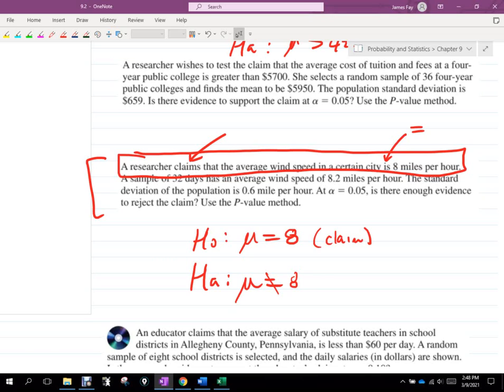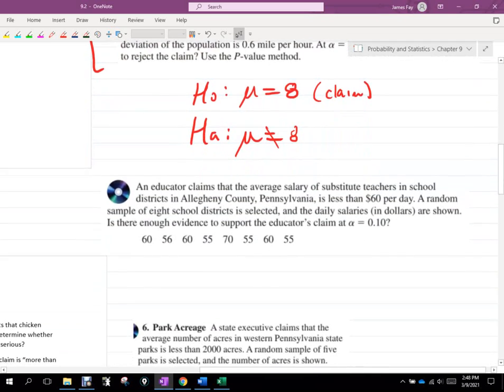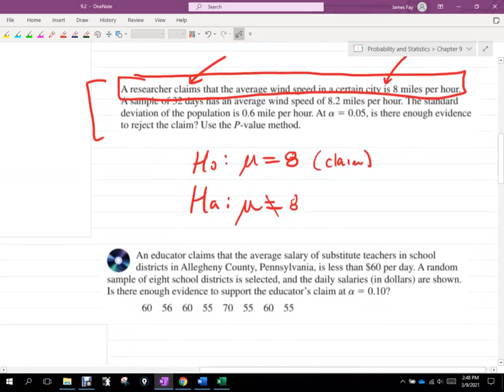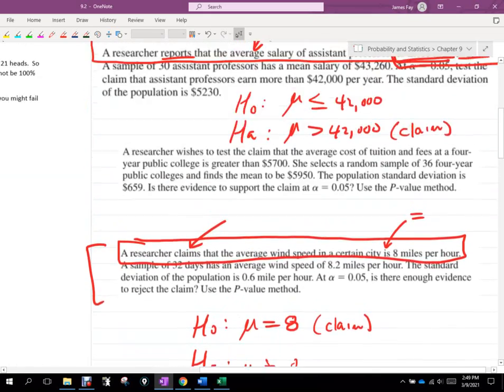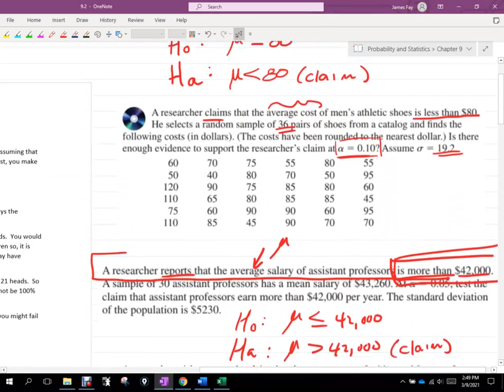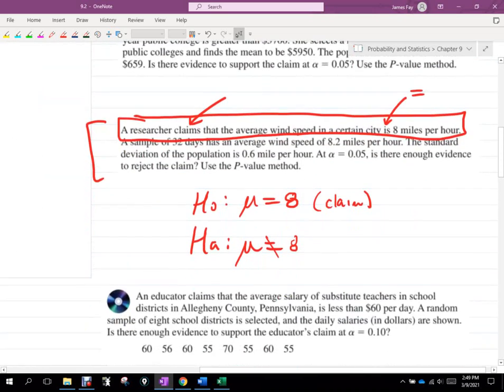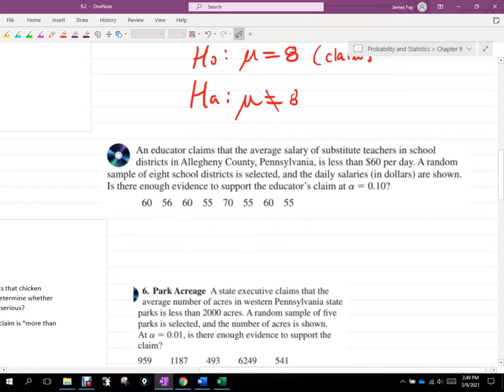Something that happens when we start dealing with this hypothesis testing is that each one of them tells me to choose an alpha level. 10% might be 5%. Sometimes it might be 1%. A lot of times you see 10 and 5. Those are the most common because they attach to confidence levels of 90% and 95%.